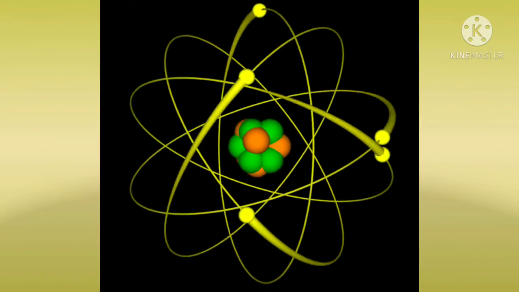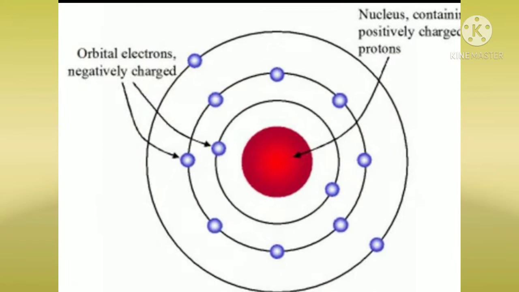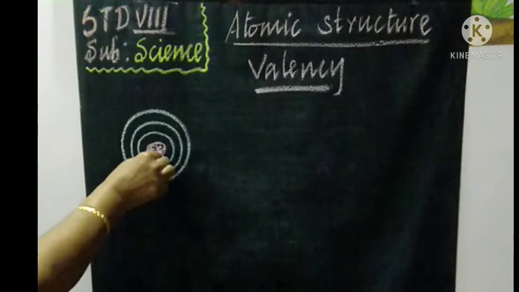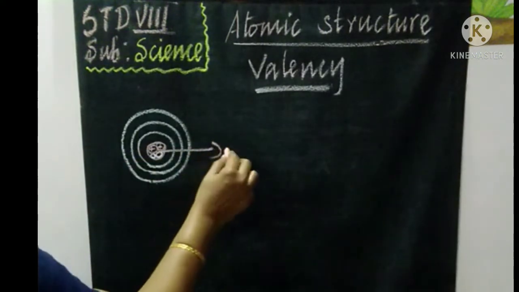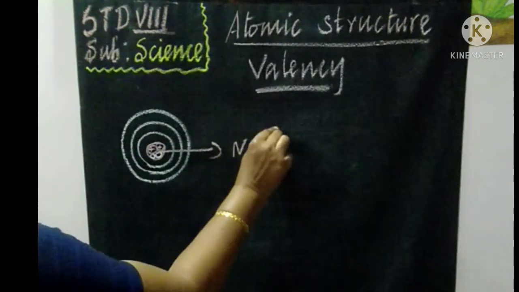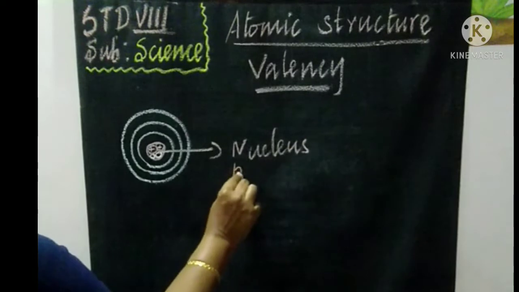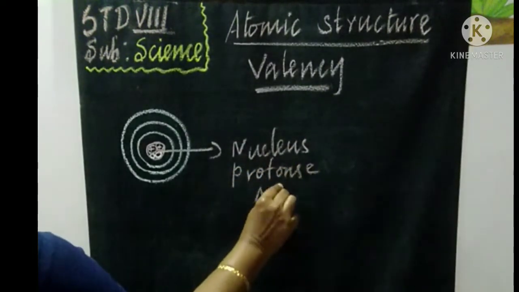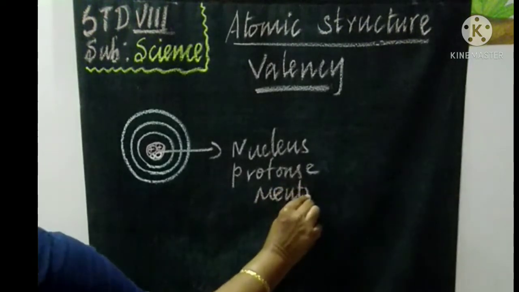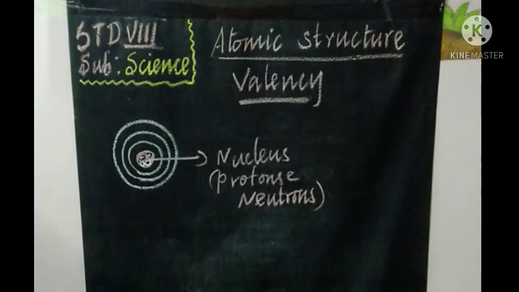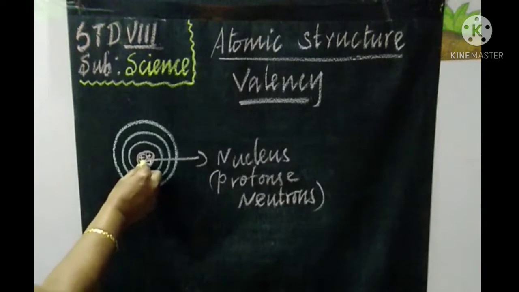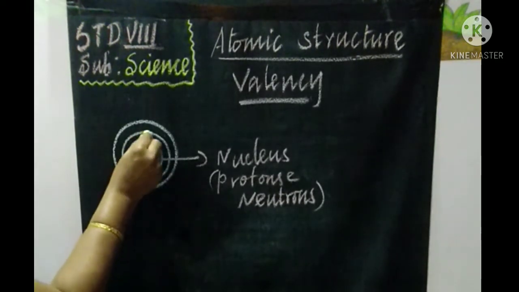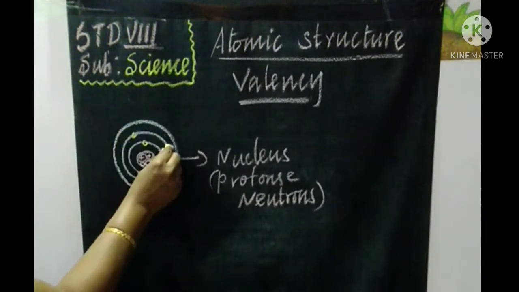Electrons revolve around the nucleus in circular paths called orbits or shells. This is the nucleus of an atom, which contains protons and neutrons. So, the atom has a center part, the nucleus, and orbits which contain the electrons.